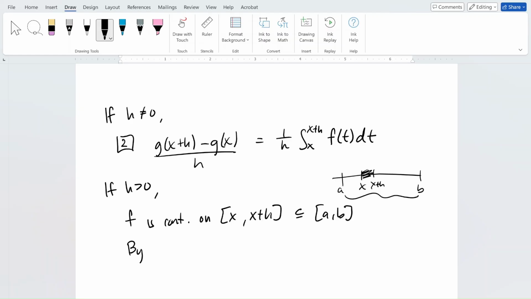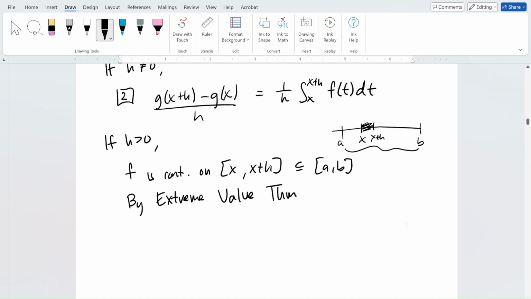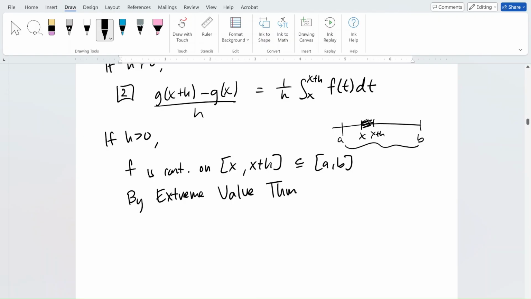So then we have, by the extreme value theorem, which states that if you have a continuous function on a closed and bounded interval, then it attains its maximum and its minimum.